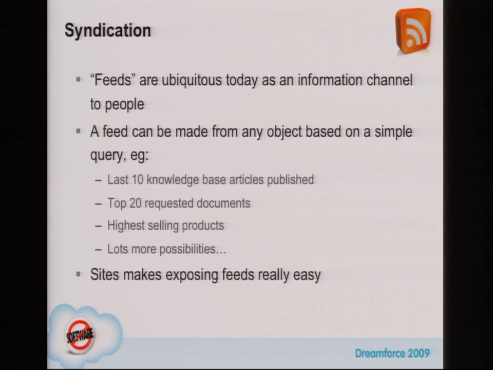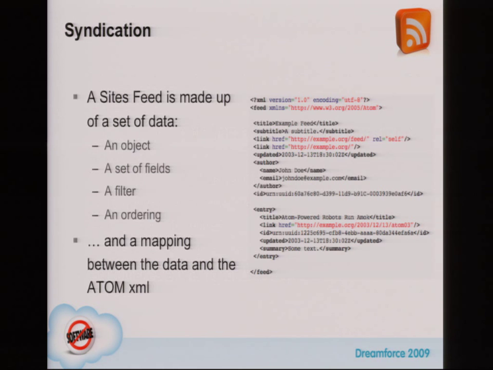So for that, we wanted to make it easier for you to create public RSS feeds on your site. What you need to do is, on your site definition, just check the RSS feed enabled checkbox, and then suddenly a new related list shows up on your site detail page.